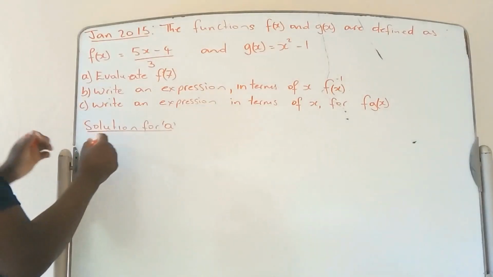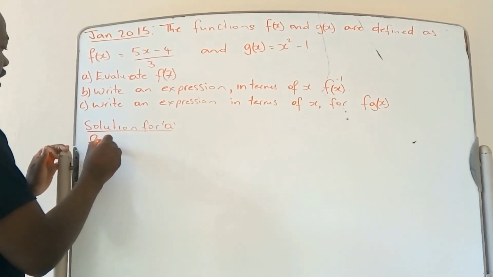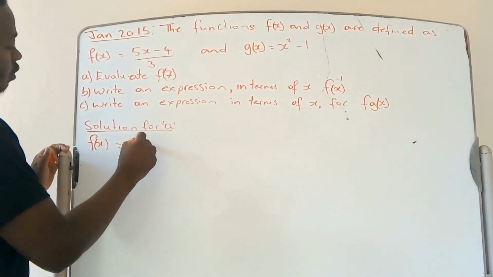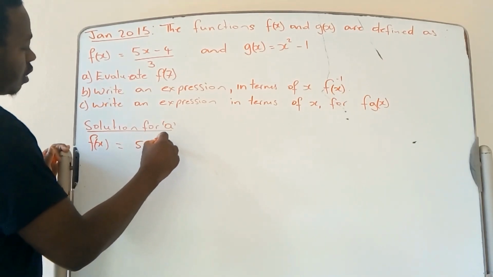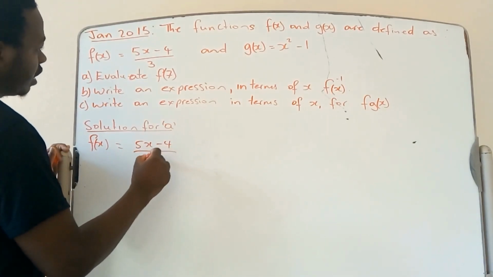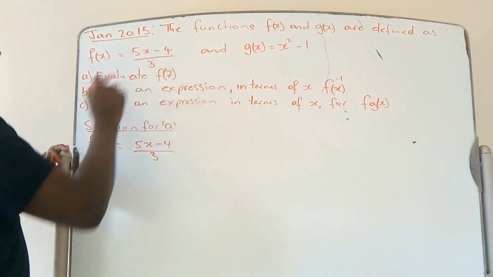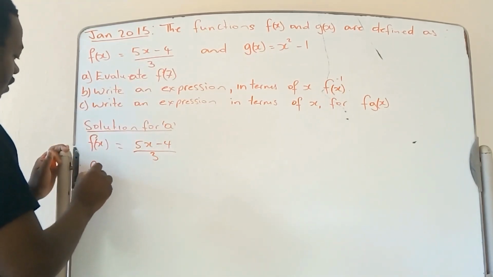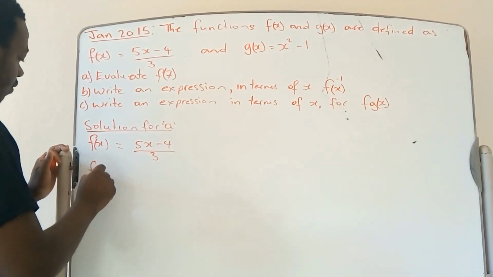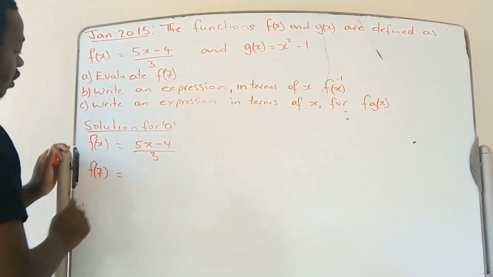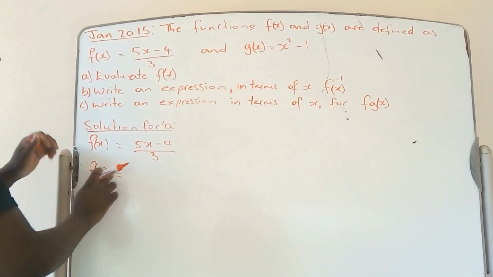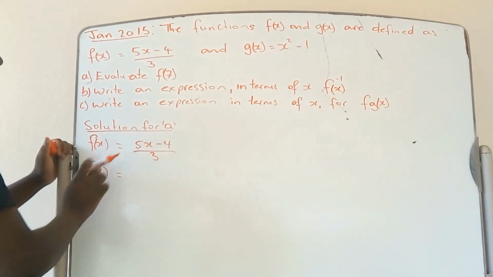So we know that f of x is equal to 5x minus 4 all divided by 3. Now they ask us to evaluate f of 7. So therefore f of 7 is equal to, anywhere you see x in this function, replace it with 7.